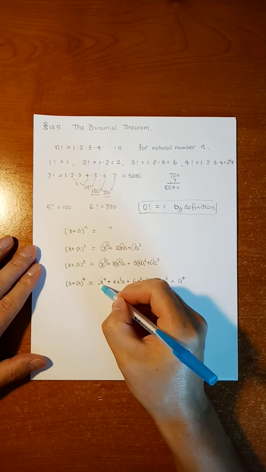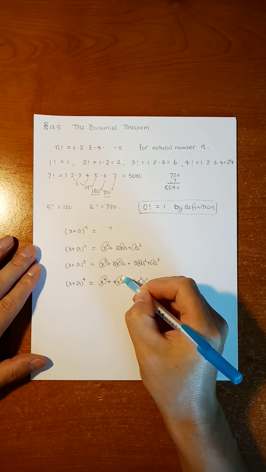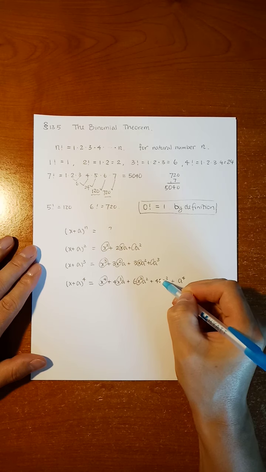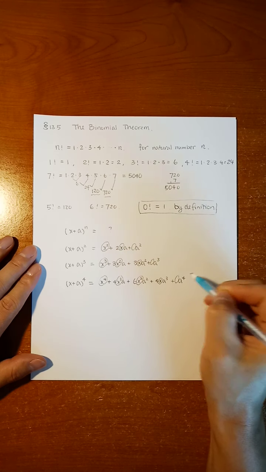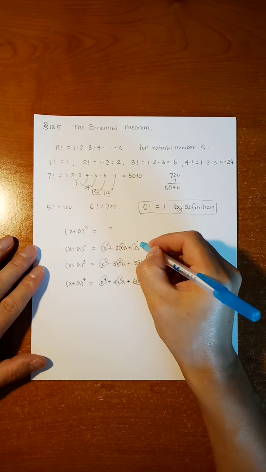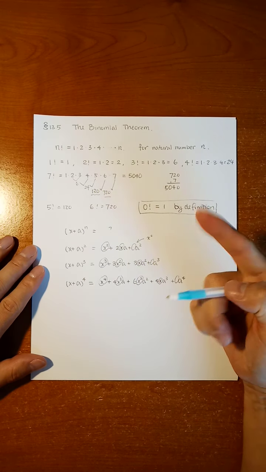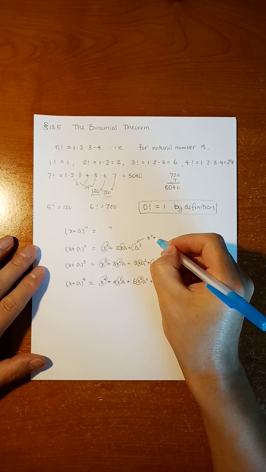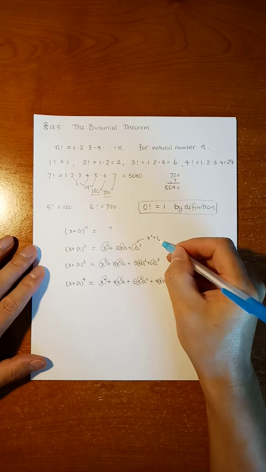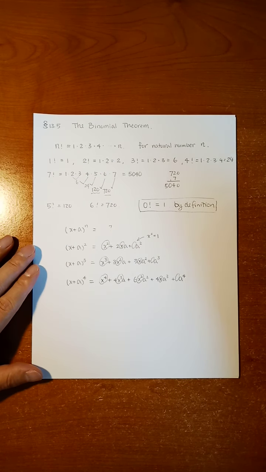And here you have x to the 4th power, x cubed, x squared, x, and no x. No x, actually, you can consider it as x to the 0th power, which is equal to 1. So you just multiply a squared by 1, so you do not change it.